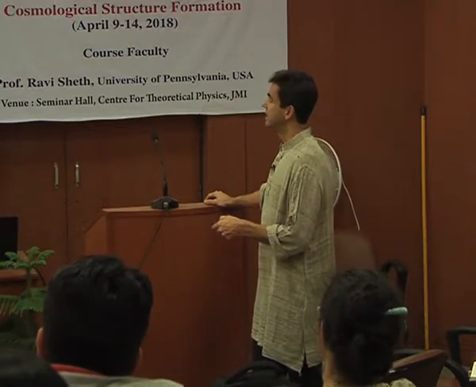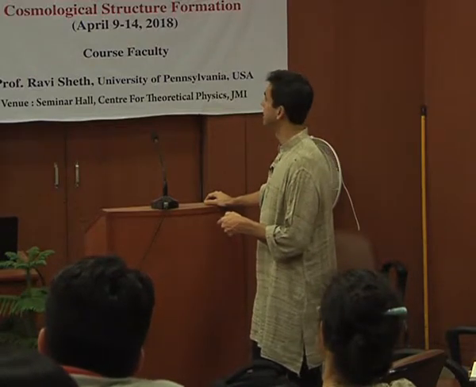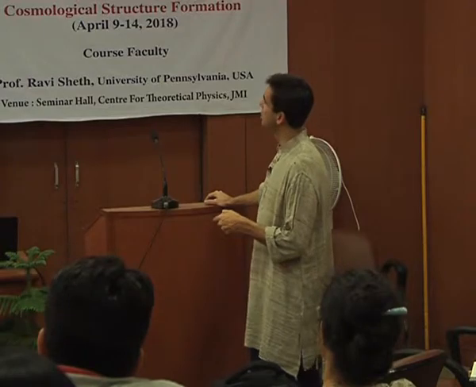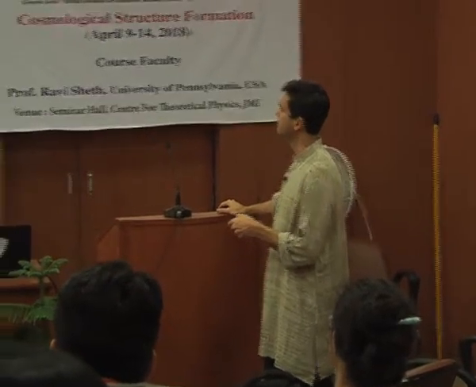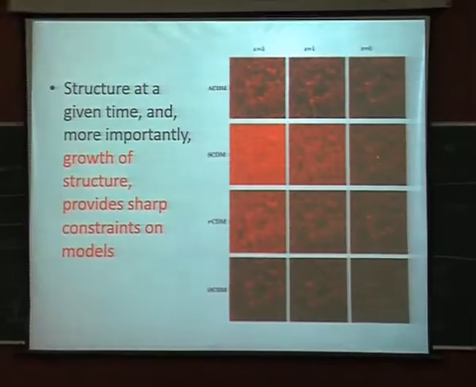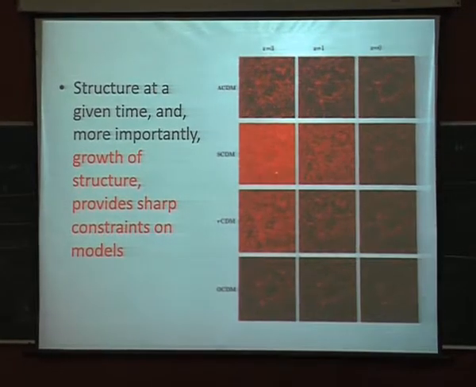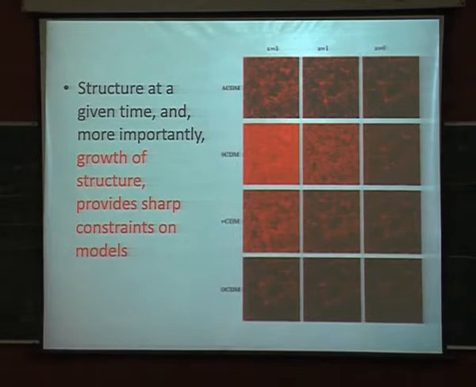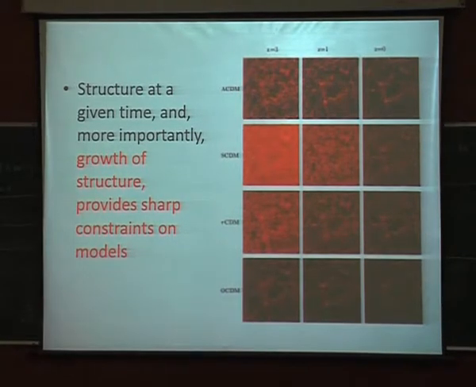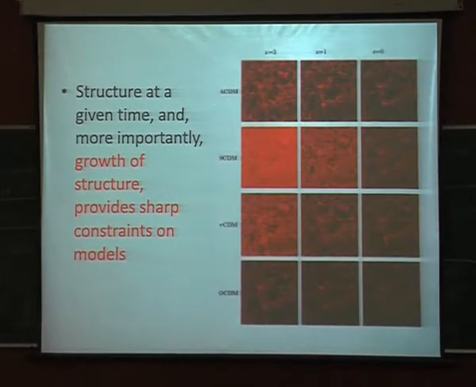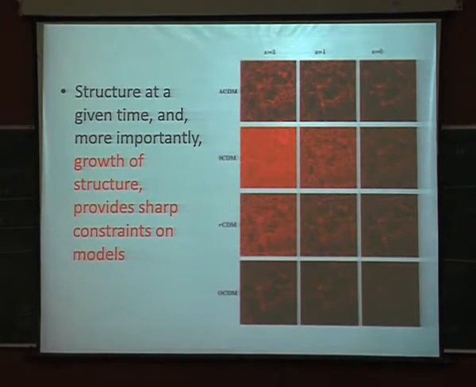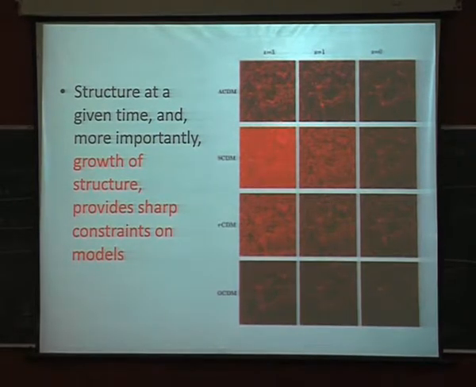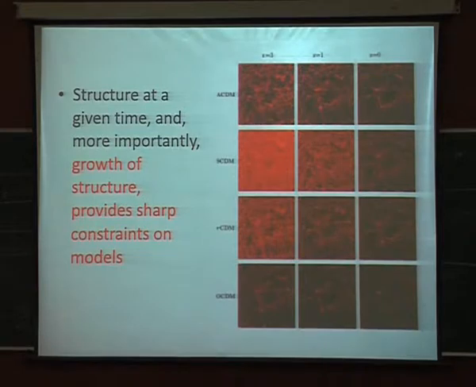This is Einstein de Sitter. In Einstein de Sitter, they've set the model up to look kind of similar at redshift 0. But at redshift 3, they're very different, okay? That's because in lambda CDM, and we will work this out in detail tomorrow, the universe is expanding rapidly today, which means gravity can't do anything today.